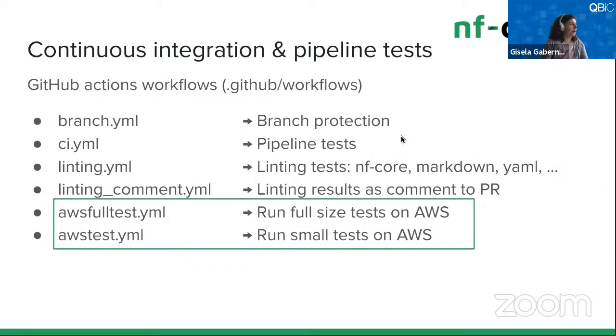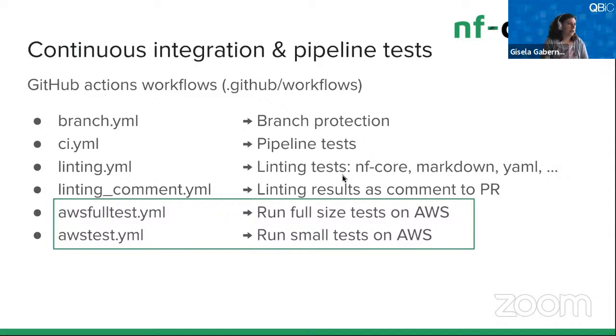Then we also have a GitHub Actions workflow that runs the pipeline tests. It makes sure that the different test profiles that are added as part of the pipeline run through before integrating pull requests, for example. And then we have a couple of linting workflows.